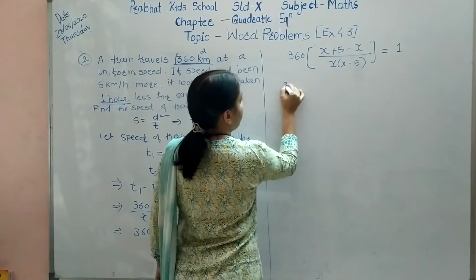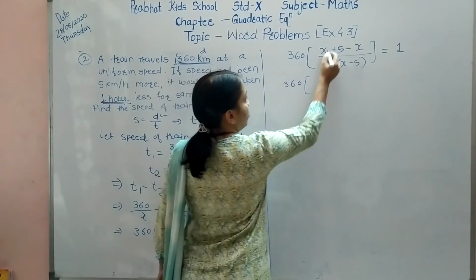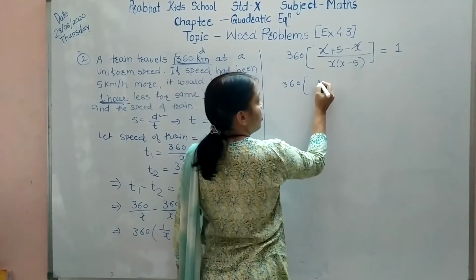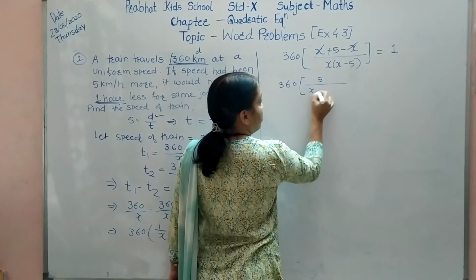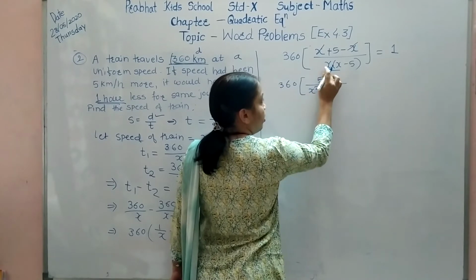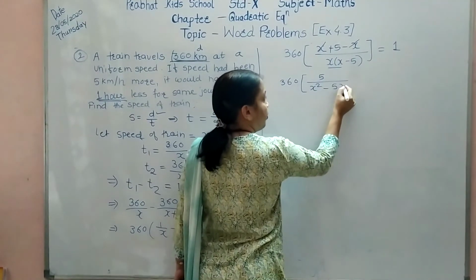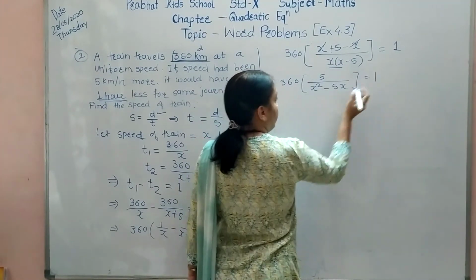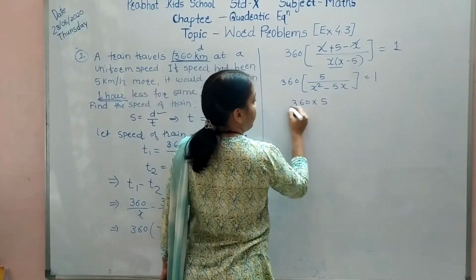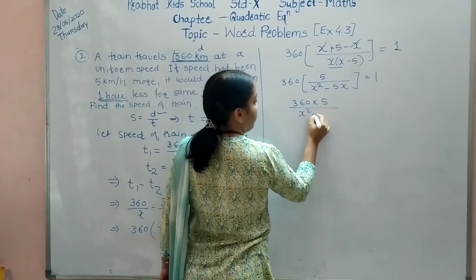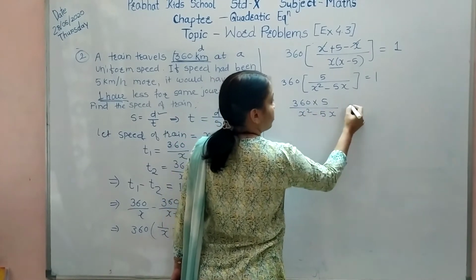Now solving this, x minus x is 0, therefore it is 5 upon x square plus 5x, with 360 outside, equal to 1.